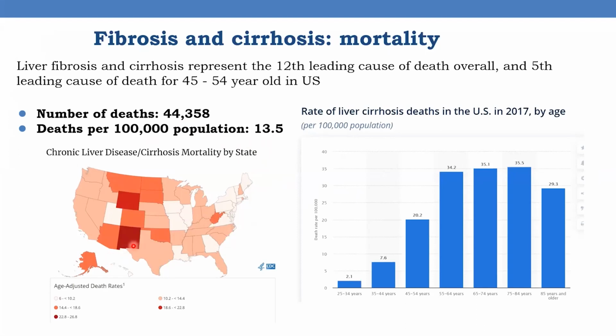States in red and dark orange have higher death rates, which are mostly in the Midwest, in comparison to lower death rates on the East Coast. In this bar graph on the right side, we can see the distribution of death rates according to patient age.